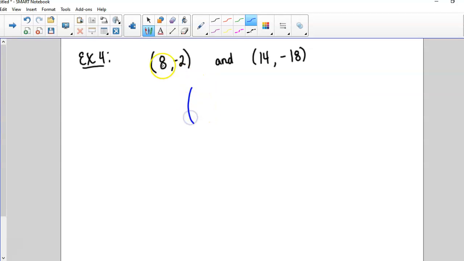Our midpoint formula is to add our x's together, divide by 2. So we're going to have 8 plus 14 divided by 2. And then for our y's, we're going to have negative 2 plus negative 18 divided by 2. Always adding right here, although here where you're doing plus and negative, it's going to be like you're subtracting.